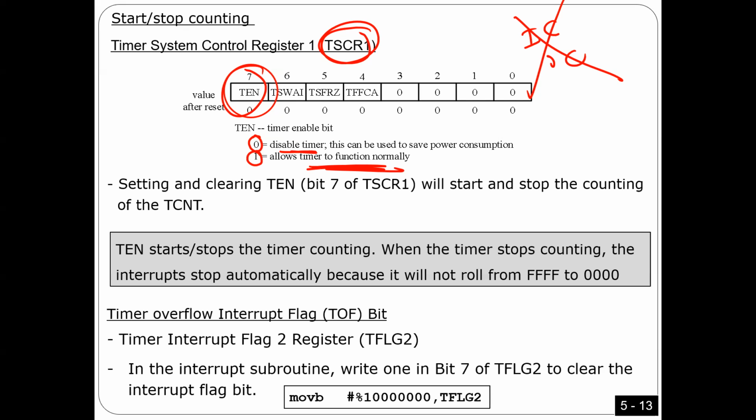I think the reason we may need something like that is, as it is written here, if I want to save power consumption. What does this mean? Assume I don't want to use the timer. If the timer is counting, I'm going to consume energy, right? Especially if you run the system using a small battery. So in this case, it may be better not to count.